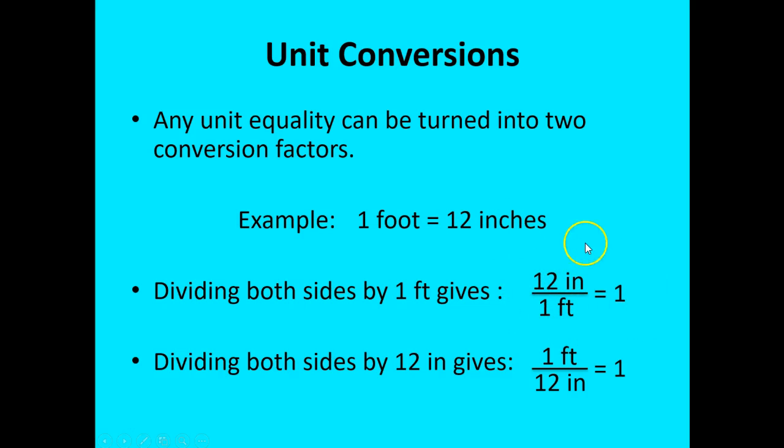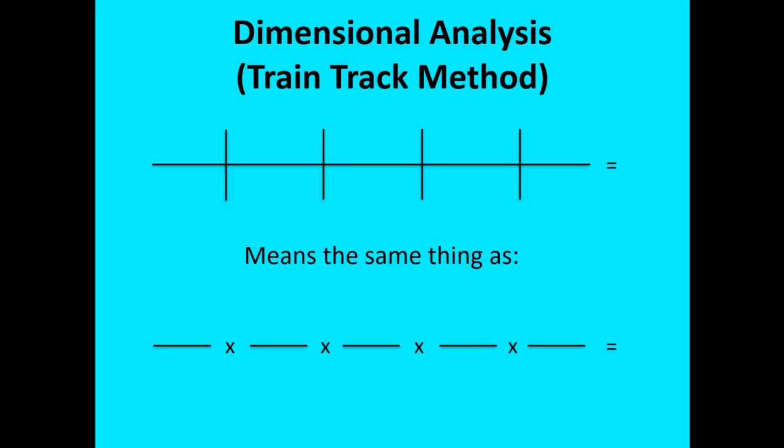So there's a conversion factor here. 12 inches over 1 foot is equal to 1. If I divide both sides by 12 inches, I get another conversion factor, which is just the reciprocal of this one. But since they both equal 1, the reciprocal of 1 is 1. I can use either one of these as a conversion factor. And the question is, well, do I want to use this one or do I want to use this one? Depends on which units I'm trying to cancel out and which units I'm trying to keep. And we'll talk about that in just a second.